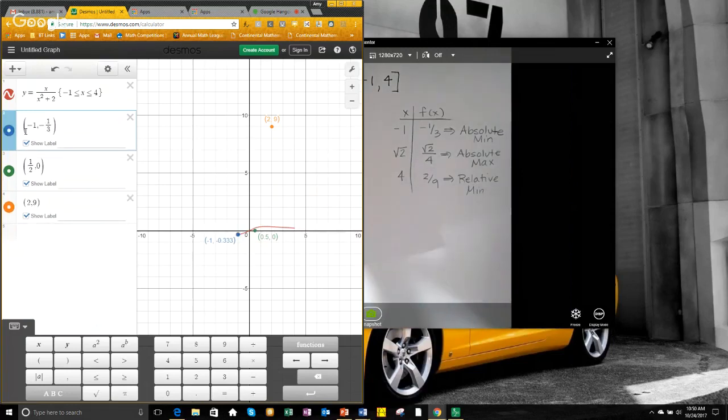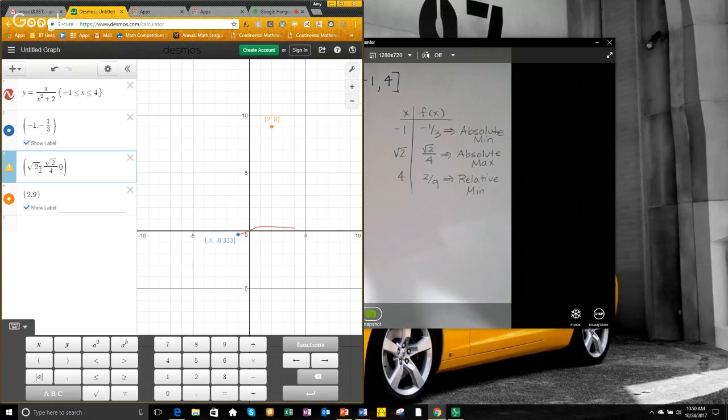There we go. We're going to keep the label there, and then square root 2 divided by 4. No, I'm sorry, it's just square root of 2. And then it's square root 2 divided by 4.